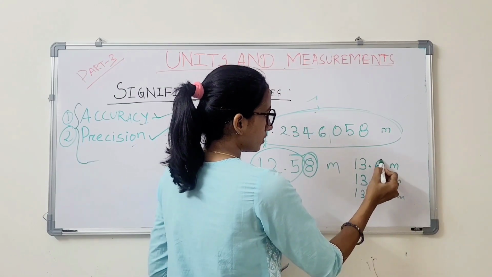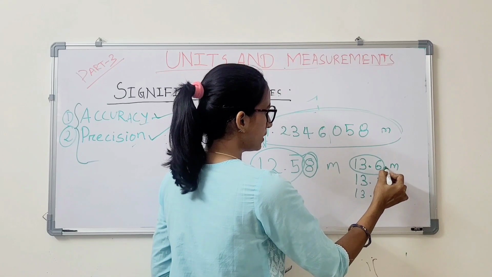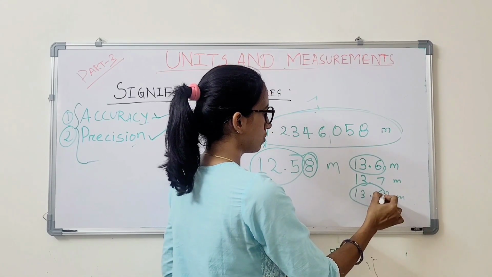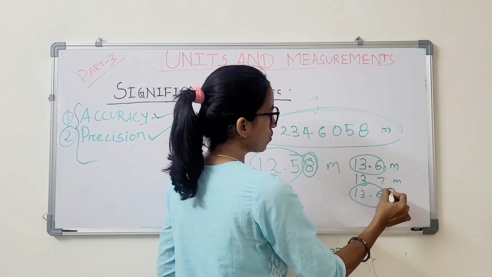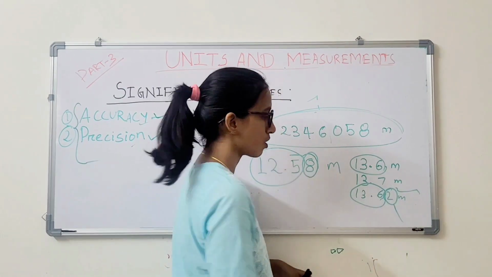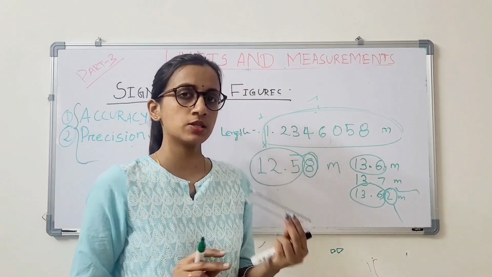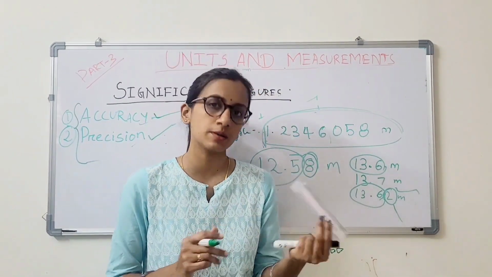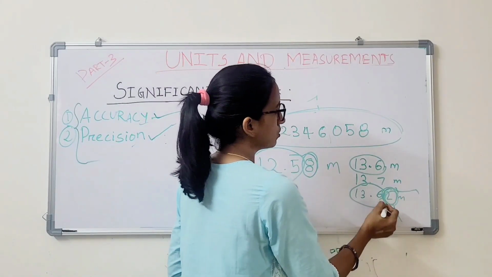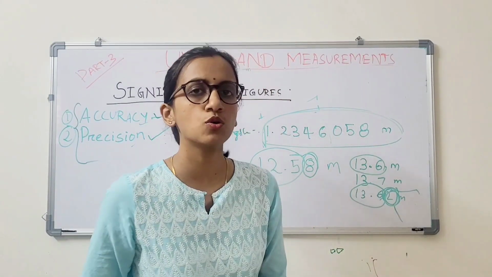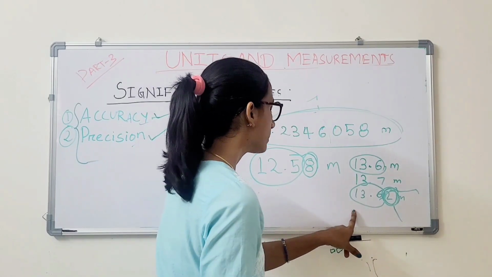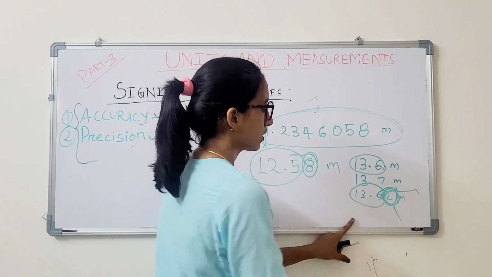So, up to this 13.6 meter, it is absolute. And this 2 may be right, may be wrong. It is doubtful because my scale's precision is not efficient enough to read this 0.02 centimeter.